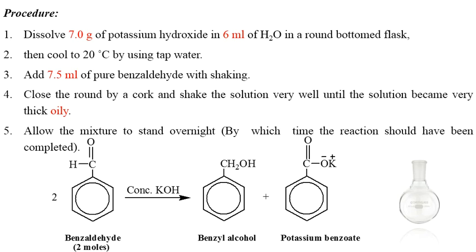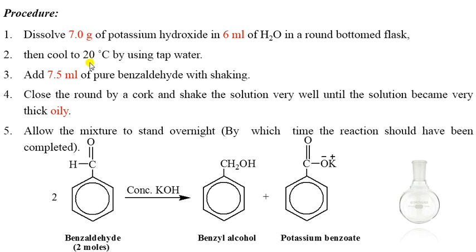Then let's move to the procedure of this experiment. It's very easy. Part 1: we need a round bottom flask. To this round bottom flask, weigh and add 7 grams of potassium hydroxide and dissolve it in 6 ml of water.